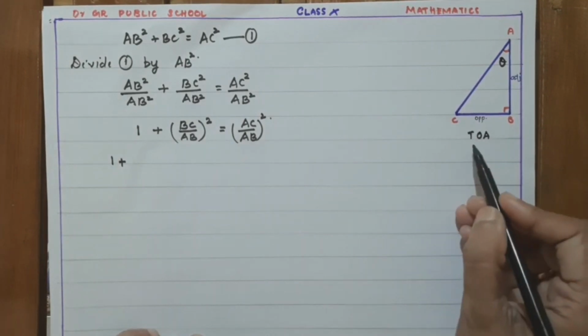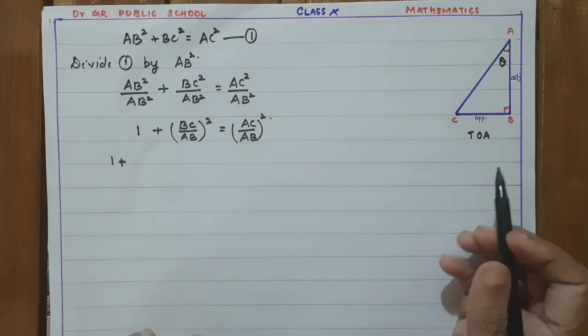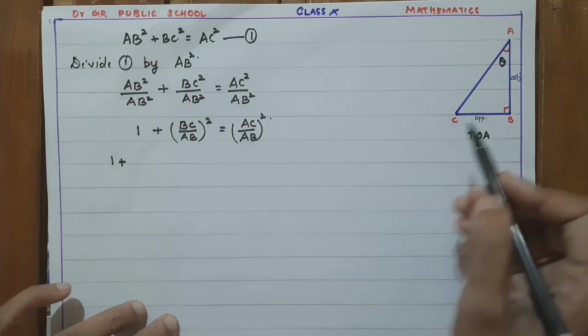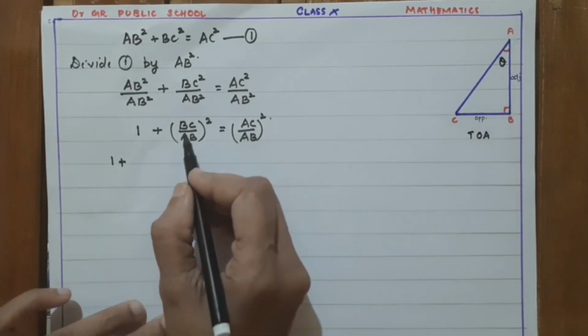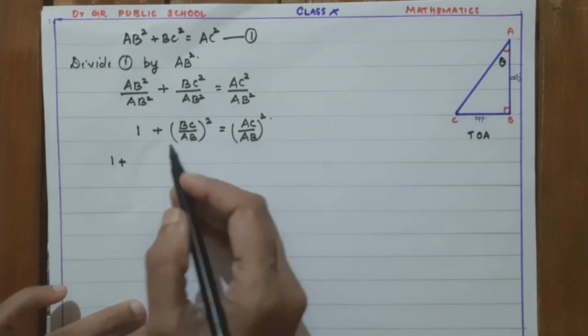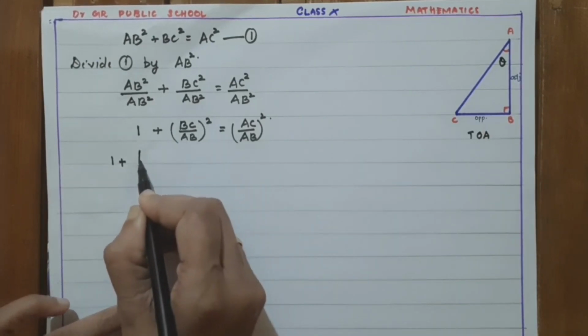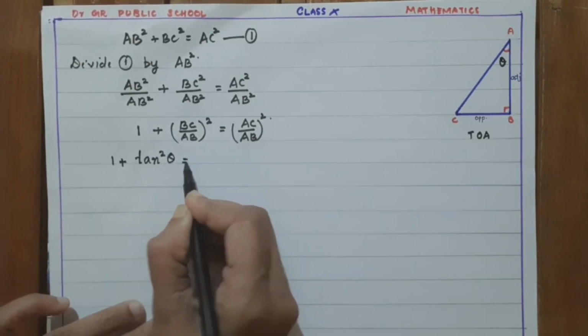Tan ratio, isn't it? TOA, tan ratio. So we can write BC by AB, opposite side by adjacent side, as tan theta, isn't it? And here tan theta the whole square can be written as tan square theta equal to.